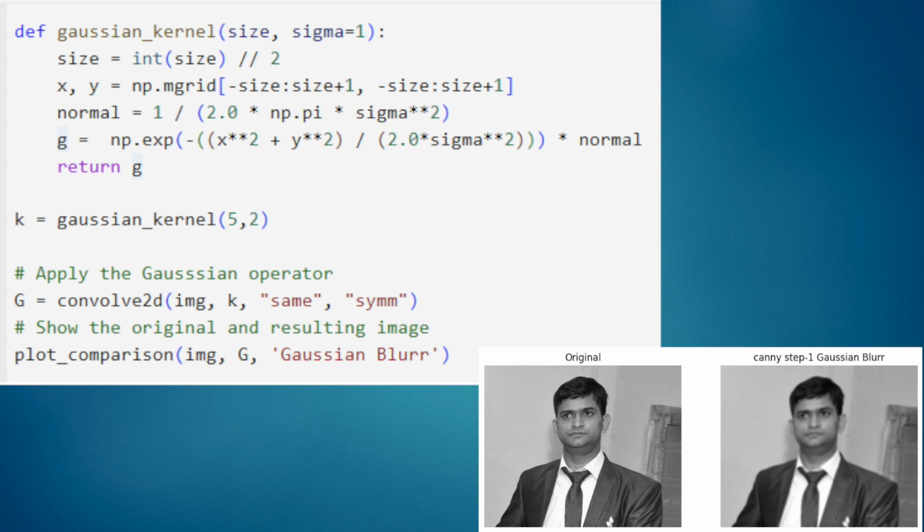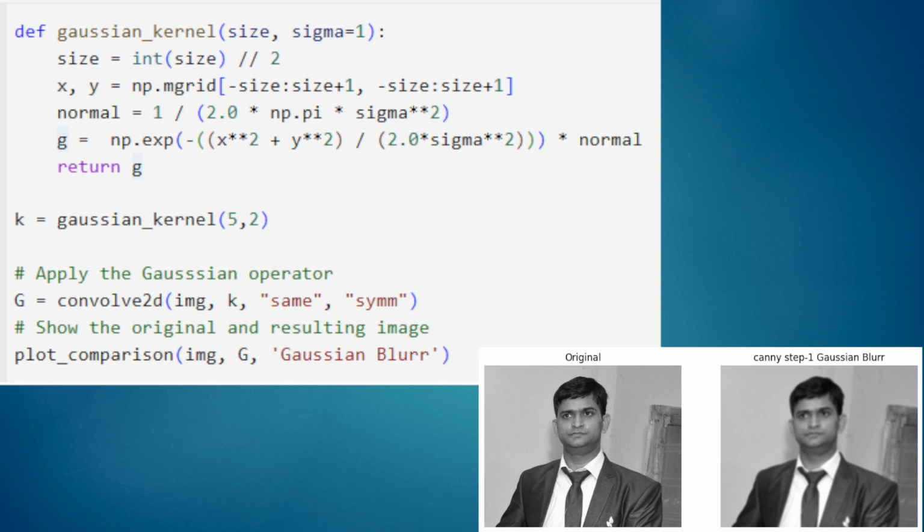The command is convolve 2D. Do not forget to use the same mode with a symmetric filter of the same size, so the result of the filtering will be the same size as the image.